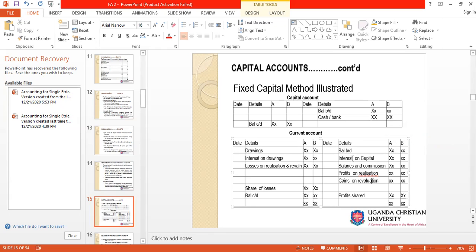So this side, the partners' balances are being increased by these transactions. Then what is going to reduce their balances is put on the debit side.